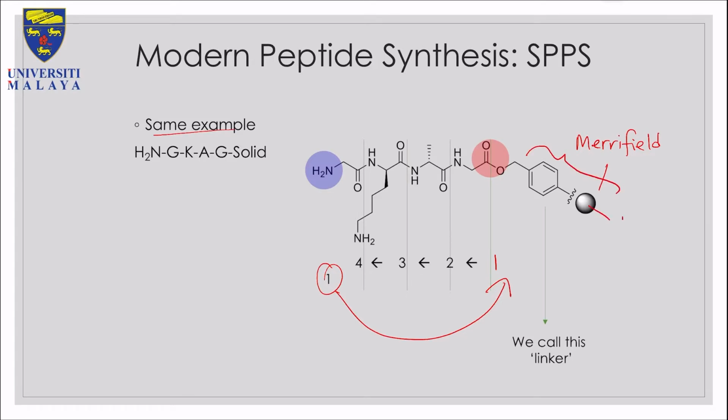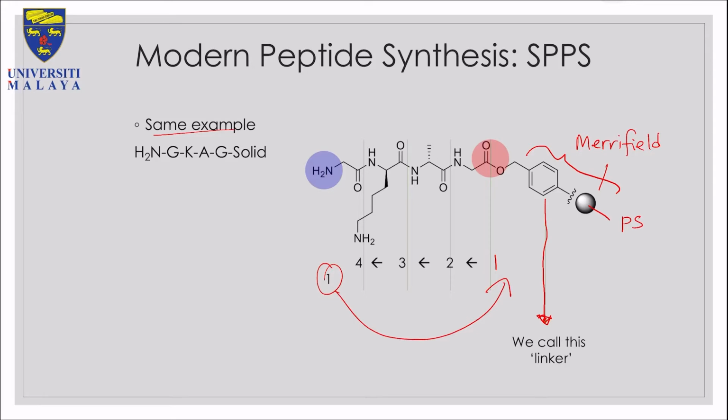This entity over here is the polystyrene, and in the middle there we have a molecule that we call a linker. A linker is needed because polystyrene, if you look at the structure, does not have a functional group. So you need to functionalize it, otherwise the carboxyl functional group, which is less reactive, will not be able to be linked to the solid support.